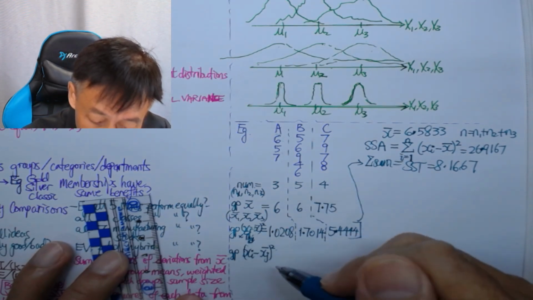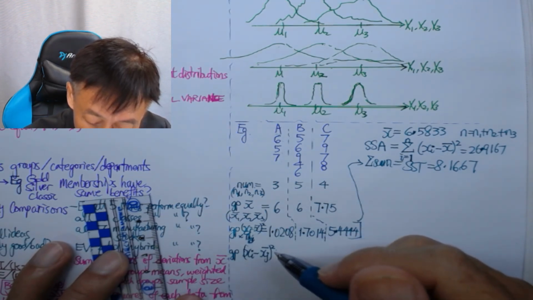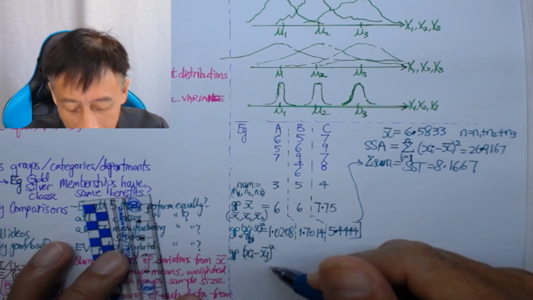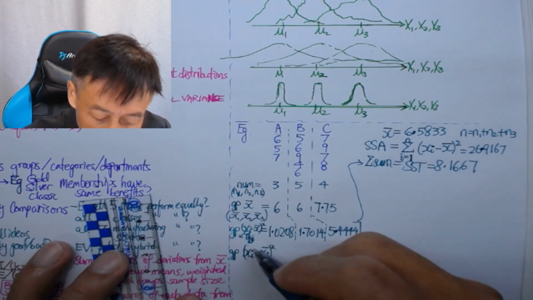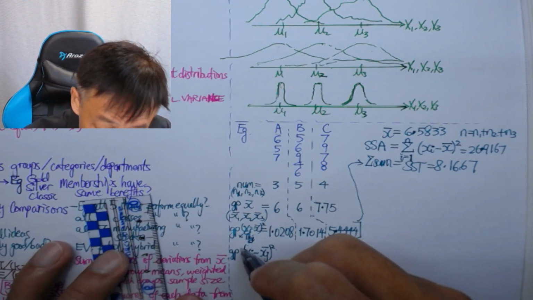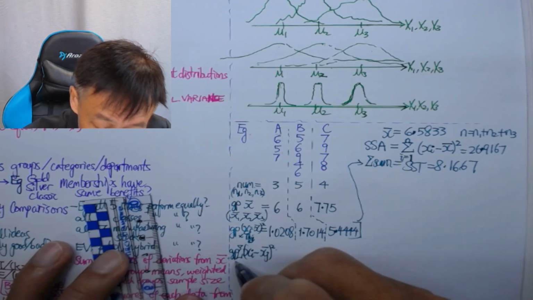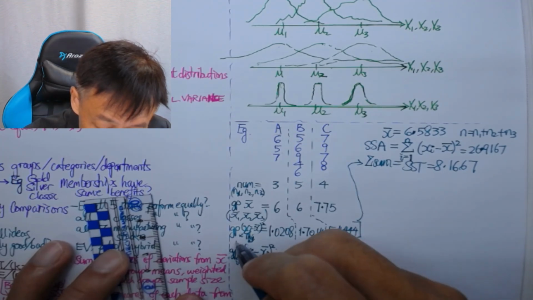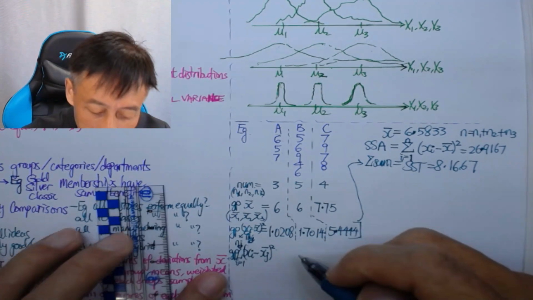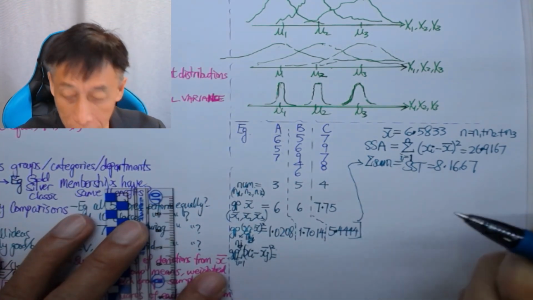Then keep doing that, minus its own mean, then squared, and you basically just keep adding them up. Add them all up, sum over all the i from 1 to nj. Okay, that will be the correct way to say it, but looking a little bit more complex.